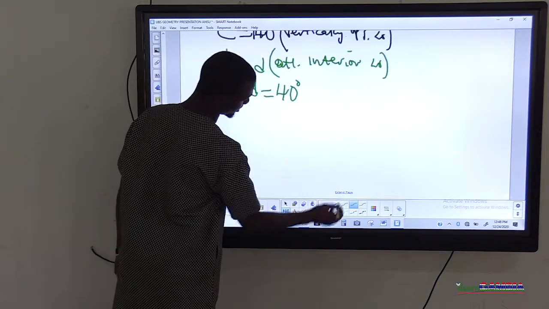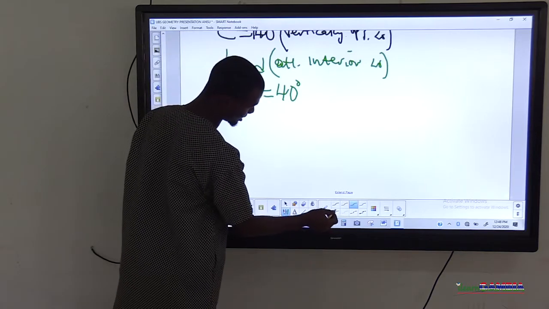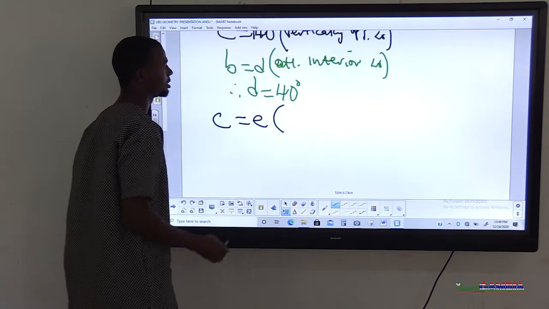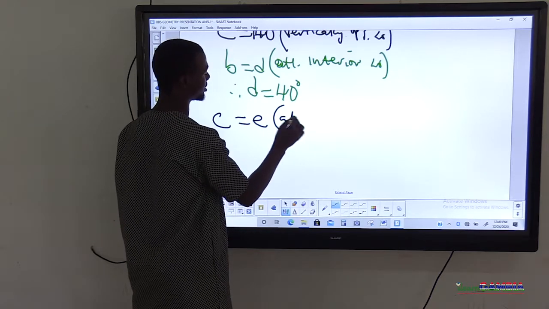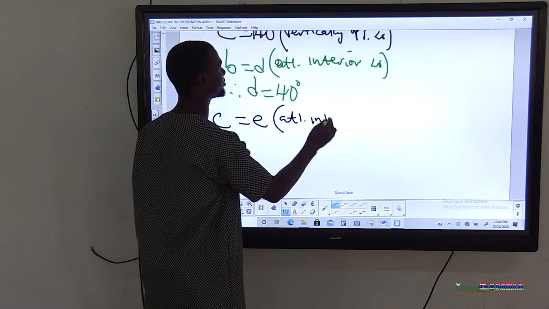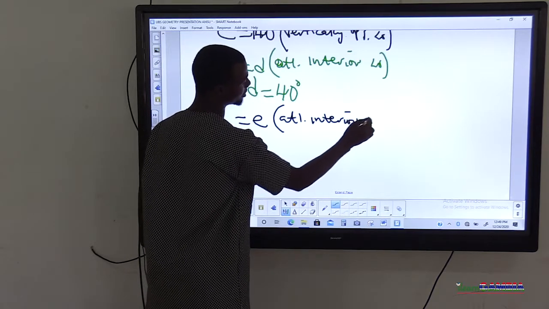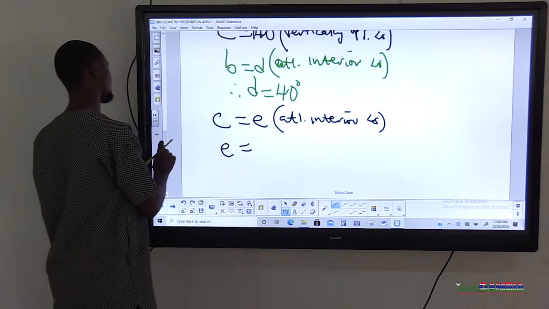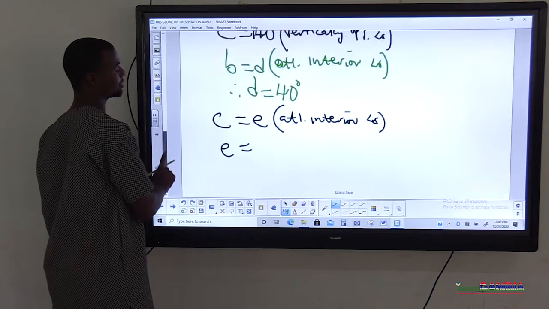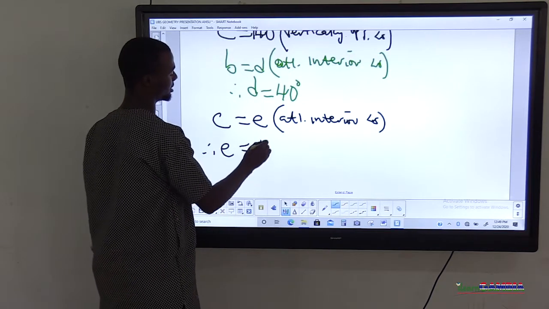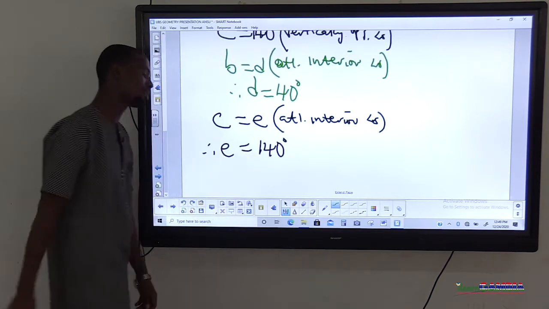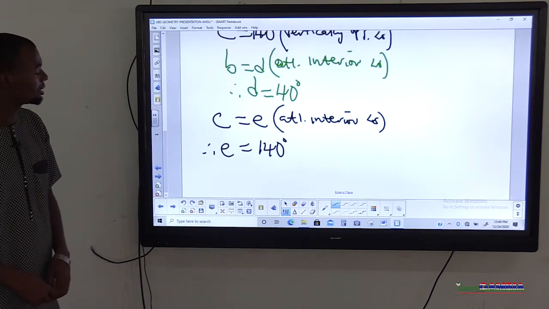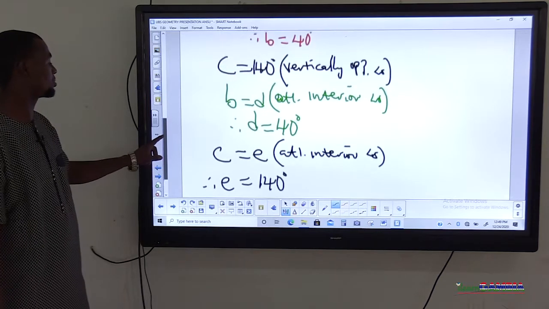So letter C is equal to E. Reason: alternate interior angles. What is the value of C? 140. So therefore letter E is equal to 140 degrees since it is equal to letter C.